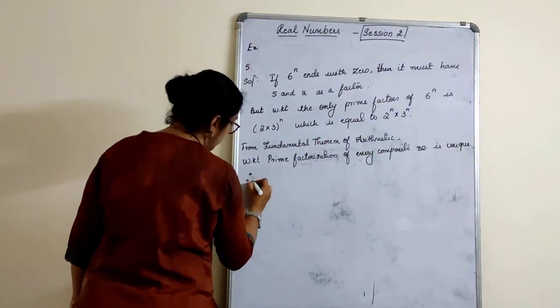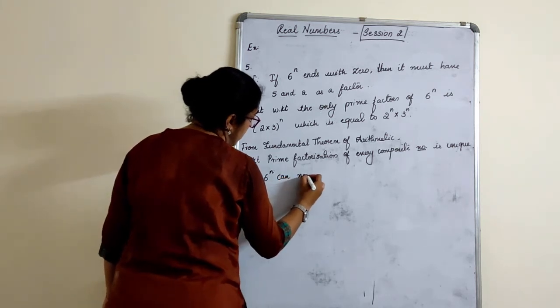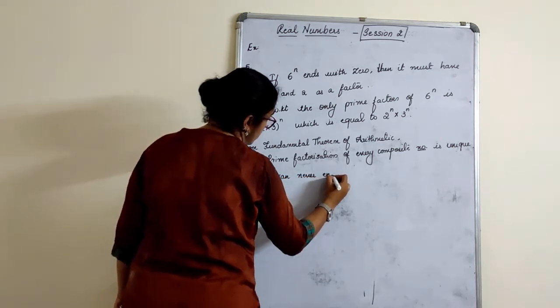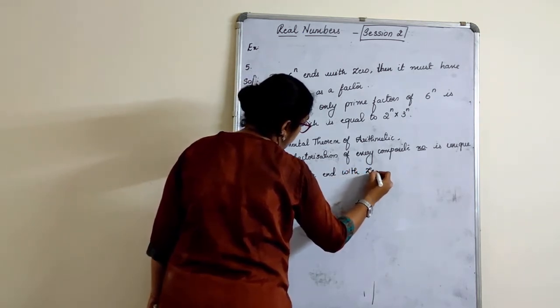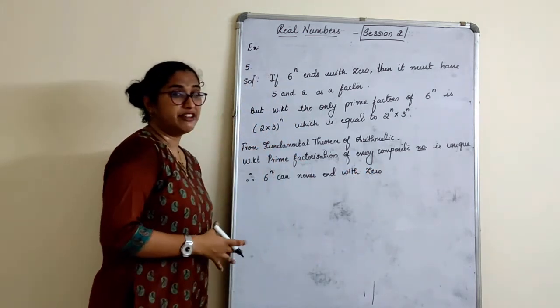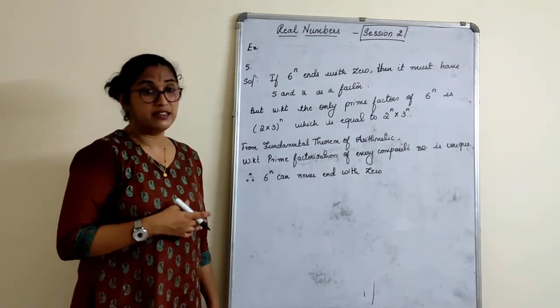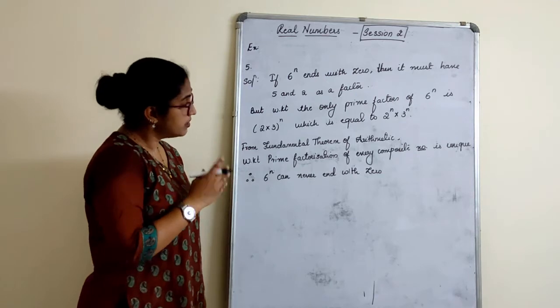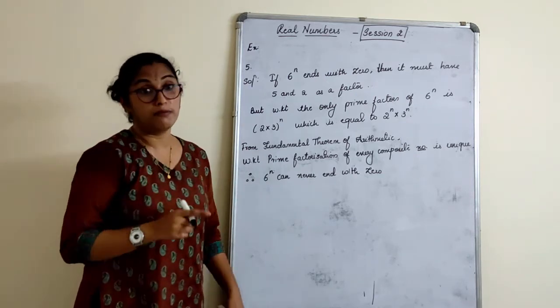Therefore, 6 raised to n can never end with 0. There are several numbers, 7 raised to n, 5, any number if it comes like that, you need to only write it in this form and conclude it, right? These steps are common here.